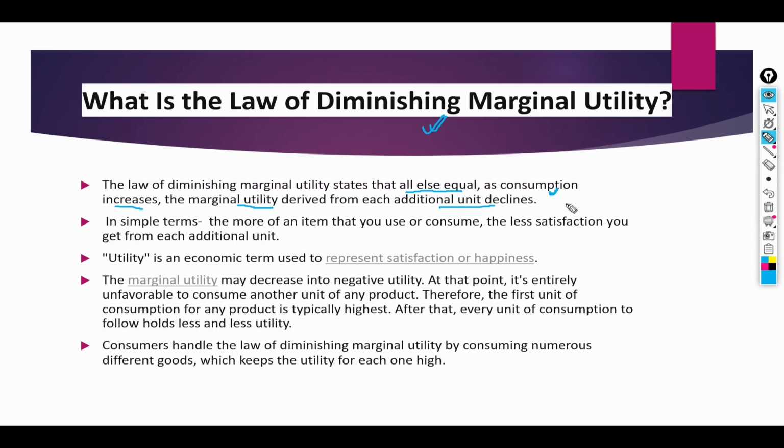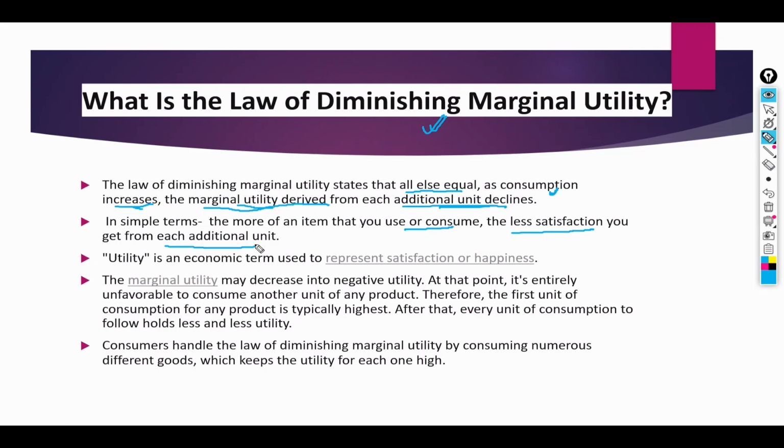This is what consumption psychology tells. As consumption increases, the marginal utility derived from each additional unit declines. The next time you have the same sort of unit, the utility will keep on decreasing. In simple terms, the more of an item you consume, the less satisfaction you get from each additional unit. Got it?